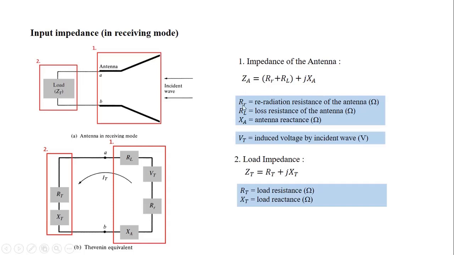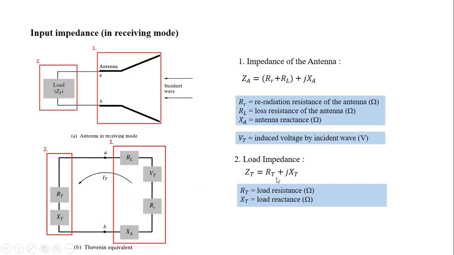Here RR is the re-radiation resistance of the antenna, RL is the loss resistance of the antenna, and XA is the antenna reactance. And as you know, Vt is the induced voltage because of the incident electromagnetic waves on the antenna. Similarly, the load impedance, denoted by Zt, will be equal to Rt plus jXt.